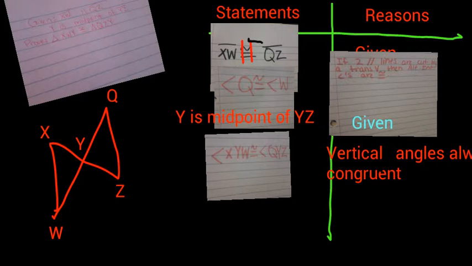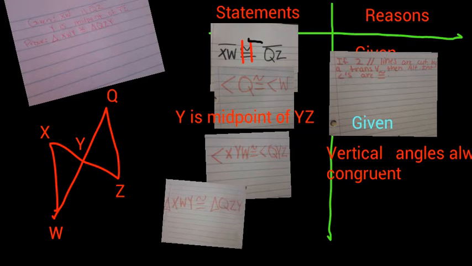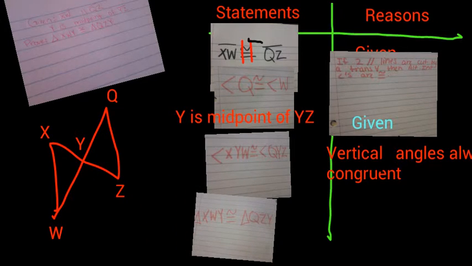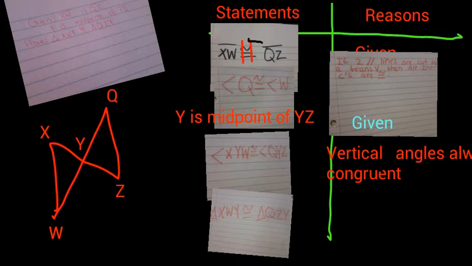So triangle XWY is congruent to triangle QZY. Reason being, using the theorem ASA. So for reason, you would say ASA.